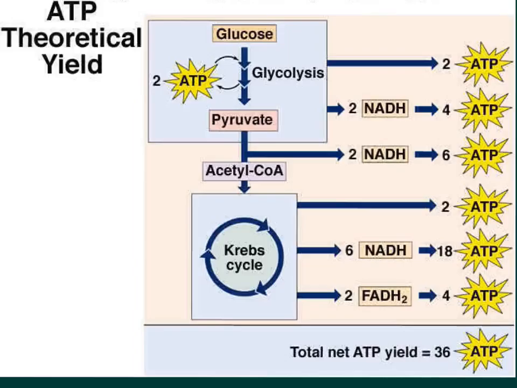As you can see here, after pyruvate oxidation, only 12 ATP of the 36 has been created. It is in the Krebs cycle that most of the ATP is created. 2 of the products of the Krebs cycle are NADH and FADH2. In the Krebs cycle, 6 NADH and 2 FADH2 are created.